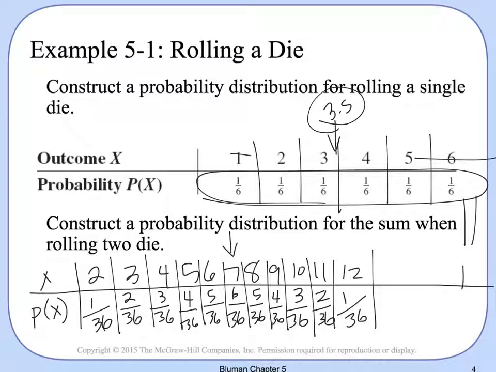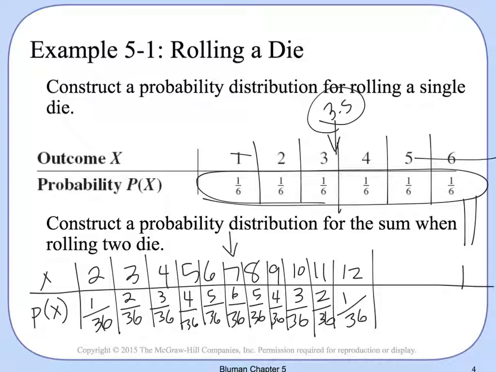Now, we're not always going to look at a distribution like that because we're going to have different distributions that don't always match up. But we are going to be able to put these in our calculator. What do you think would go into list 1 in our calculator? We're going to have to put one of these lists of numbers in list 1, one in list 2. Which one goes in list 1?